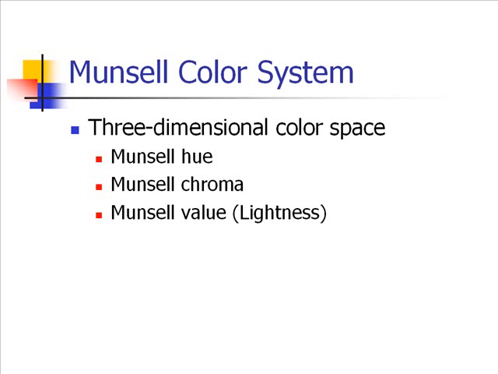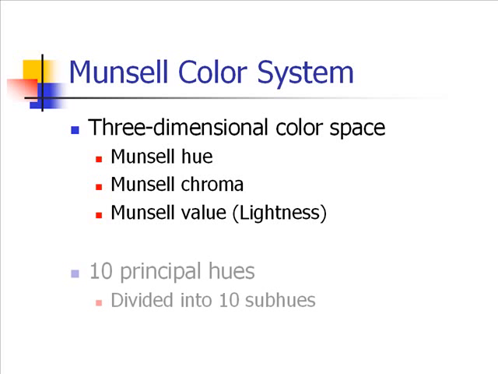There are 10 principal hues divided into 10 subhues. What that means is 100 different hues in the system. So if we were to have every hue in the system in this model, there would be 100 of these pages all the way around. You can't do that. So the Atlas has all of those pictures, all those colors in there. Colors of objects, like I mentioned, are typically described by those color coordinates. The first one we'll talk about is hue.